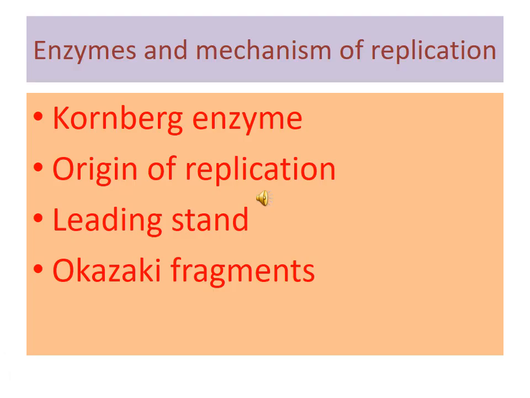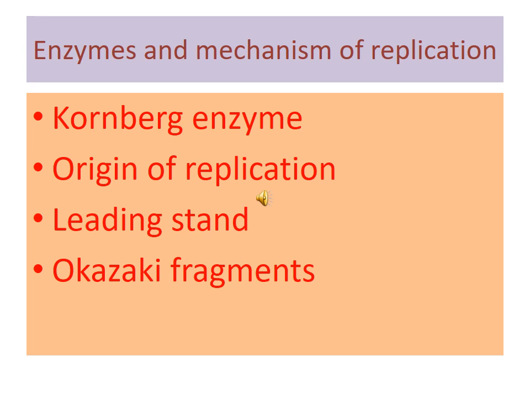Enzymes and mechanism of replication, and the importance of enzymes. The Kornberg enzyme: which enzyme is it? The replication process requires three types of DNA polymerases: DNA polymerase 1, 2 and 3. DNA polymerase 3 is the main enzyme involved in DNA replication, and DNA polymerase 1 is the Kornberg enzyme.